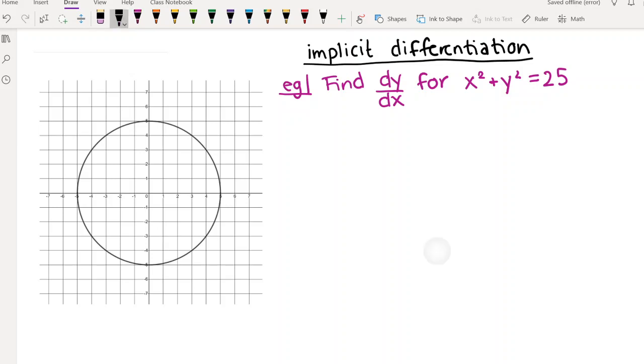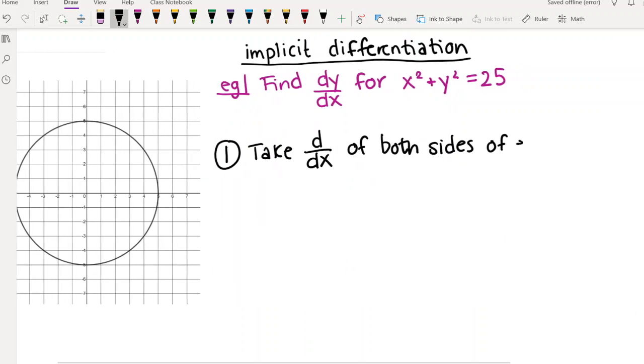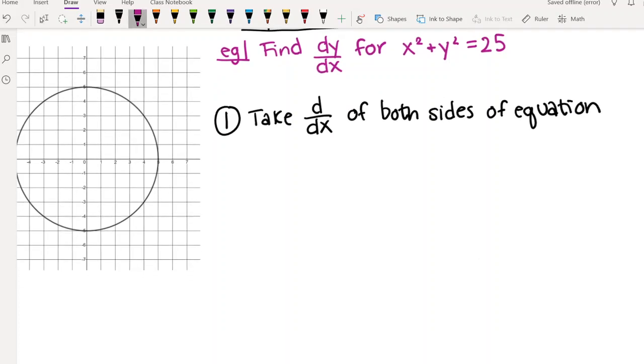Okay, so the first step is we're going to take the derivative, we're going to take d/dx of both sides of our equation. So whatever equation it is that is defining your implicitly defined curve, you're going to take the derivative of both sides.